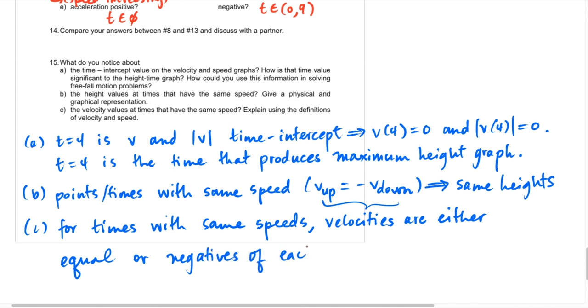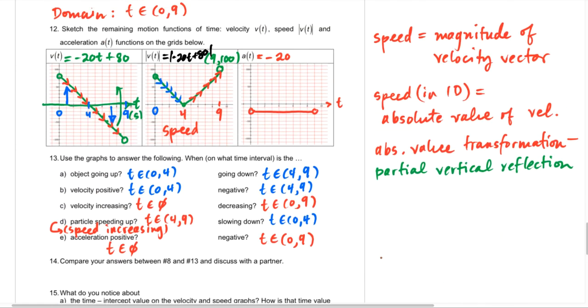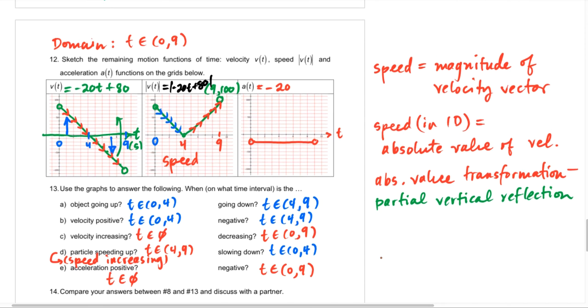So once we start to recognize these connections, we can use these connections in solving all sorts of problems. But for certain, the graphical approach and seeing all of this information, especially with 3 points, let's label them A, B, and C, points that correspond to launching, to maximum height, and to landing, are really, really crucial for fully understanding free fall motion.